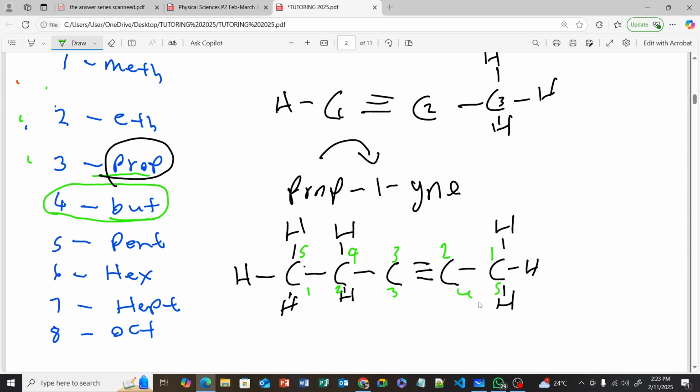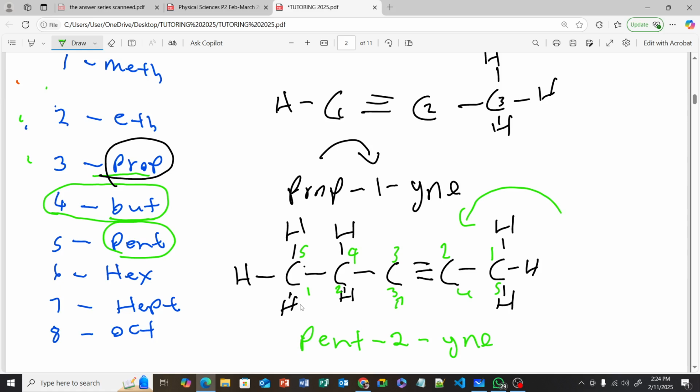So if we move from left to right, the triple bond is at position 3, but if we move from right to left, it's at position 2. And therefore right to left is the correct approach. So the name, it has 5 carbons, so 5 is pent, so we are going to write pent. It's a triple bond at position 2, so we show 2, dash, then the suffix. So it's not always a must for you to number from the left to the right.